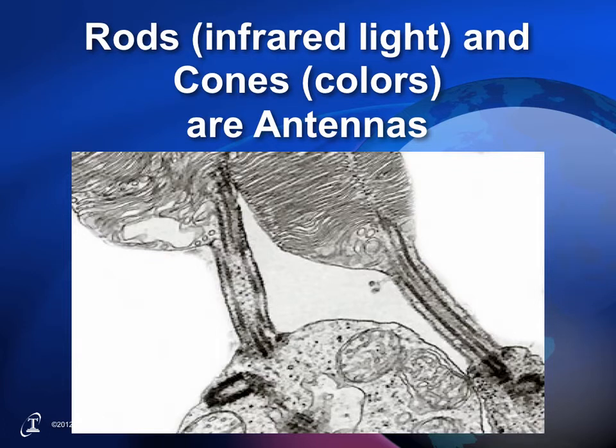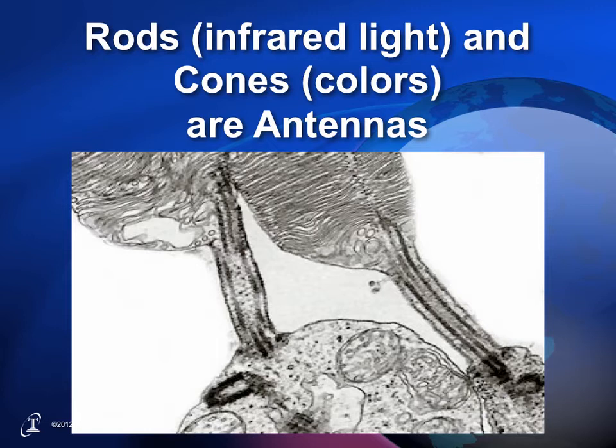Rods are designed to receive infrared light and thus can detect light and dark, whereas cones are designed to receive the frequencies associated with colors and fine detail, and is what you usually use when you are looking at things when the lights are on.